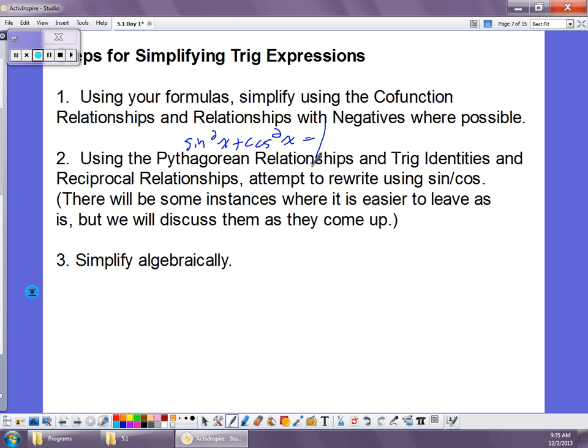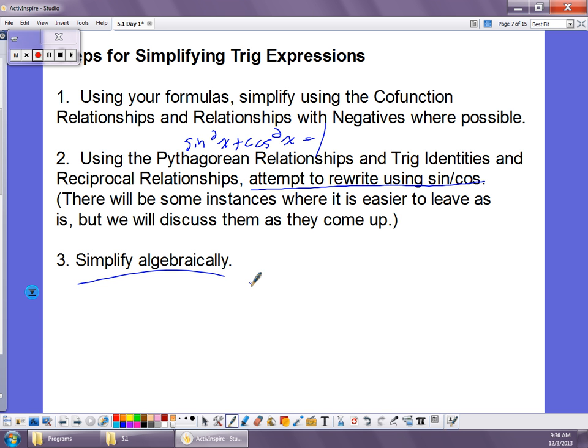Actually, I'd go ahead and write this down. Just write it down. I think it'll be helpful. And attempt to rewrite using sine and cosine. There will be some times where it'll be easier to leave it as tangent, but we'll talk about that later. And then we just simplify algebraically.